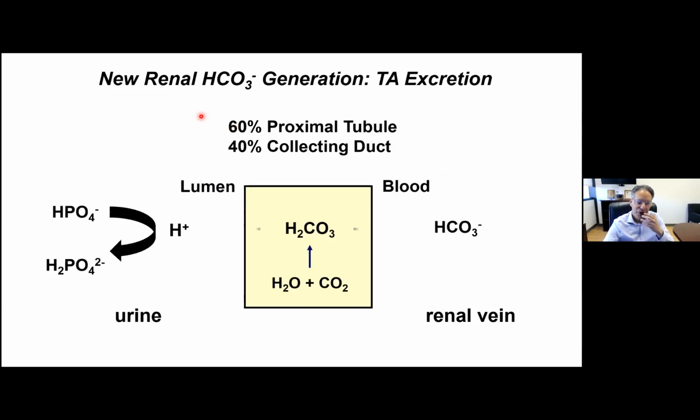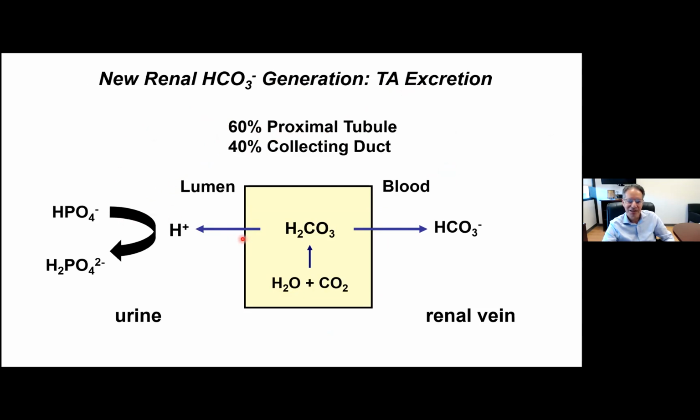Now, the other way we create new bicarbonate to match the daily hepatic proton load is another category called TA excretion, or titratable acid excretion. 60% of this occurs in the proximal tubule and 40% in the collecting duct. You'll see in a lot of textbooks or papers that this is a distal or collecting duct phenomenon, but it's not. When you do the math, it turns out that the majority of it is actually occurring in the proximal tubule lumen.